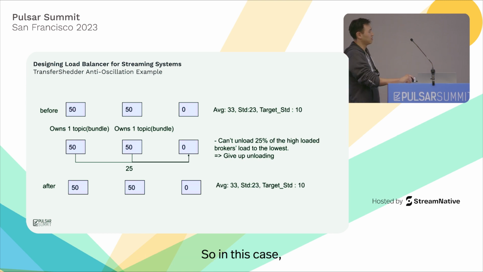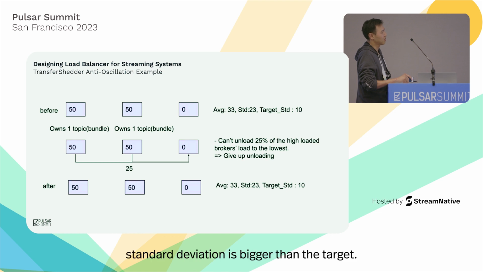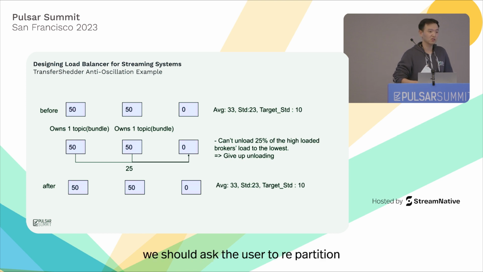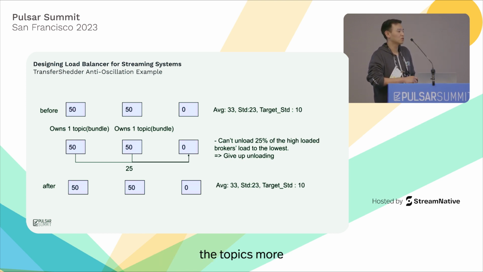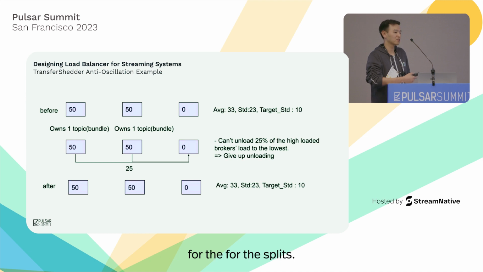So in this case, the transfer shedder will give up and will not unload any, even if the current standard deviation is bigger than the target. In this case, we should ask the user to repartition the topics more so that each broker can have more bundles, or the bundle can have more topics inside, for the splits.